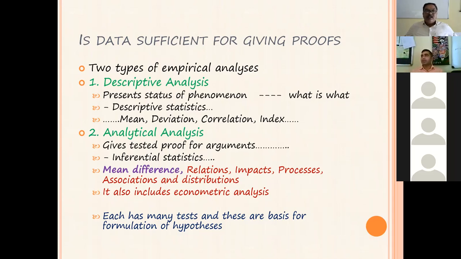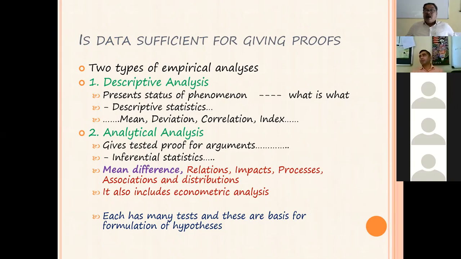One is descriptive analysis, and the second is analytical analysis. Descriptive analysis presents the status of phenomena, or what is what. Meaning, you are just explaining the status quo of the phenomena by using descriptive statistics like mean, deviation, correlation, even simple regression, index numbers. You can explain what is what.